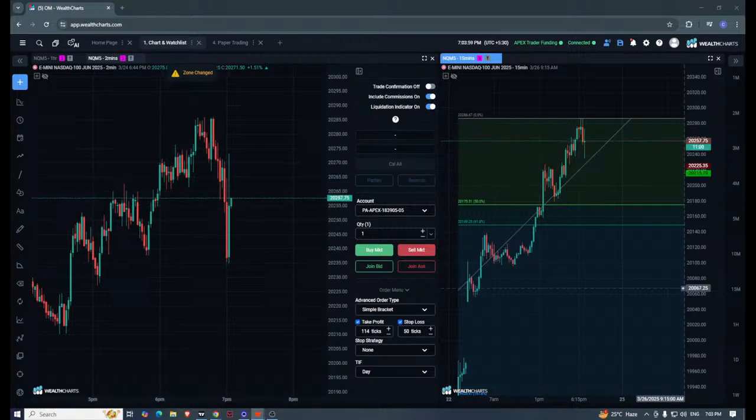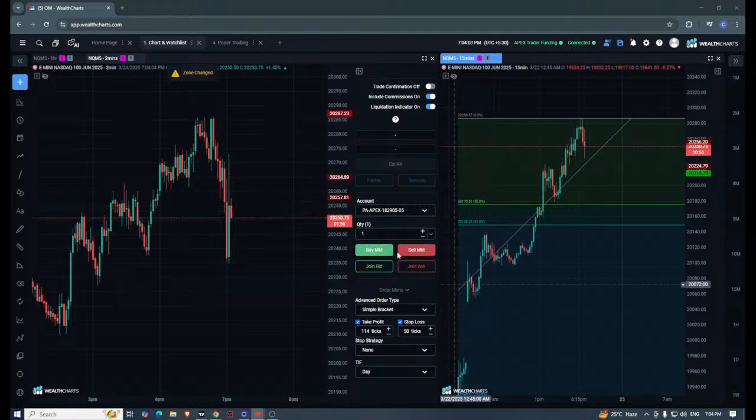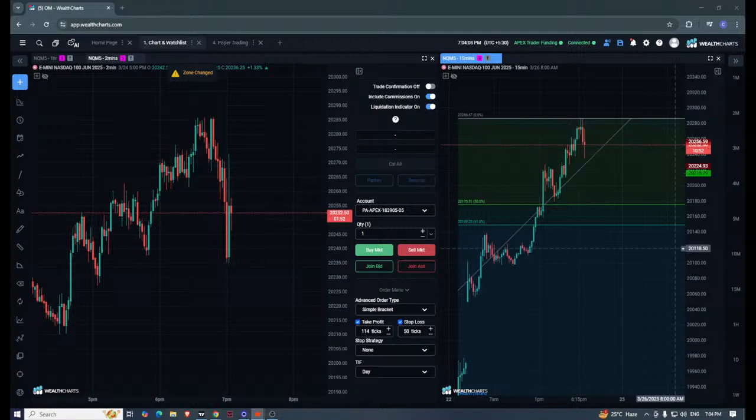About to hit stop loss. Stop was filled. Okay, let's see if it is a double bottom bounce.